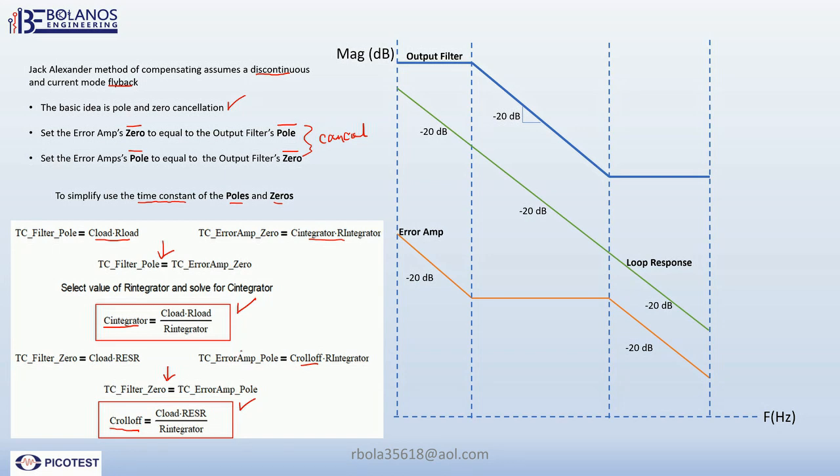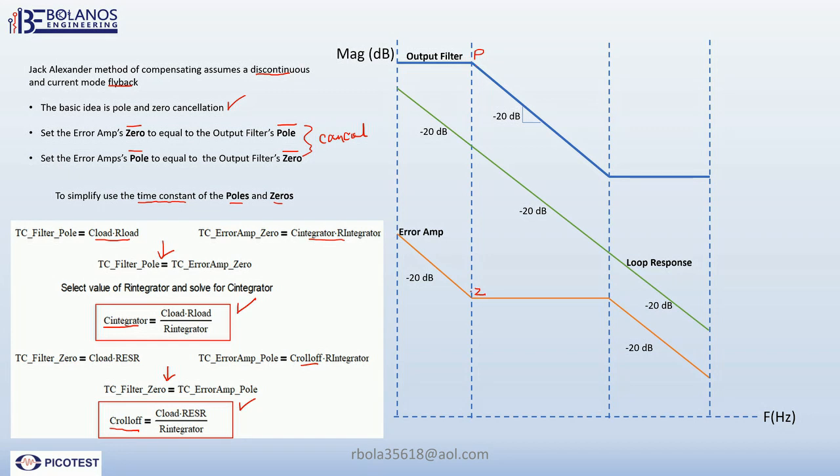So what does this do? This is graphically what we're doing. Here is the output filter. We have a pole. If we use the same time constant, then the zero will be lined up at the same frequency. So we'll set a zero here.